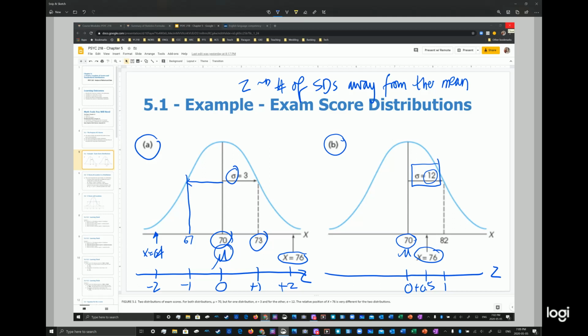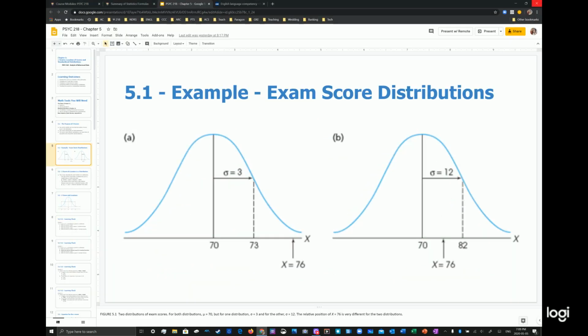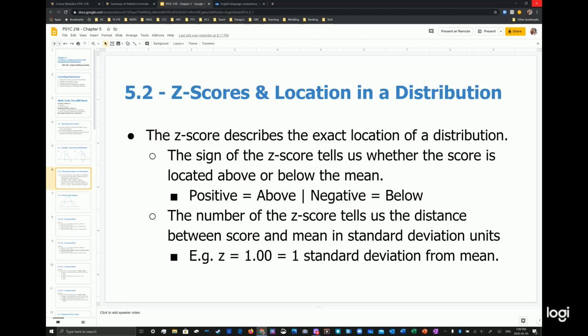And so what we're measuring here is how far a score is from the mean. It could be above or below, and we measure that in the number of standard deviations. At this point, we have visually and mathematically shown you the essence of the z-score, and those are the points that you see here in word form.